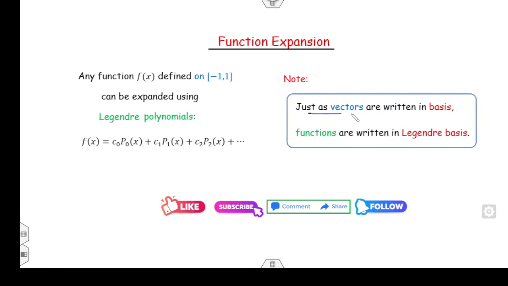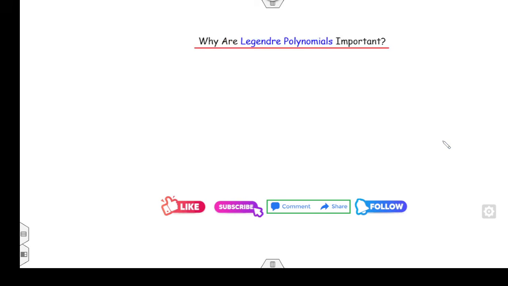So as I mentioned, just as a vector you can write in a basis, the function is written in the Legendre basis.